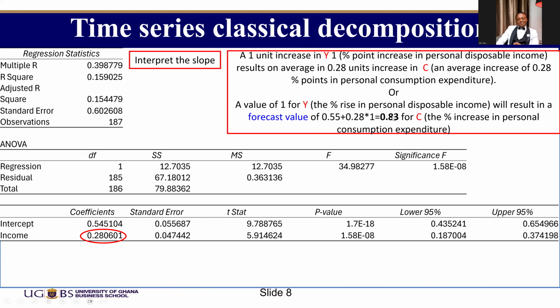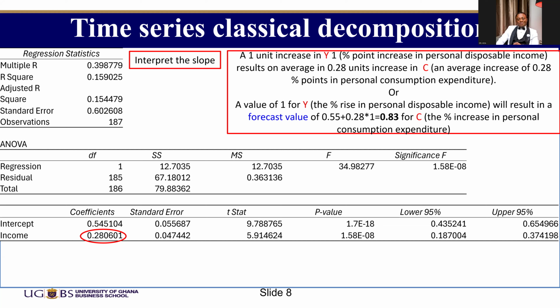0.83. Remember, when you were looking at the actual value, what you said is that if income rises by 1 unit, consumption will rise by what? By 0.28 units. But now, we are not talking about consumption, we are talking about forecast value of consumption. So if income should rise by 1 unit, consumption is forecasted to be 0.83 units.